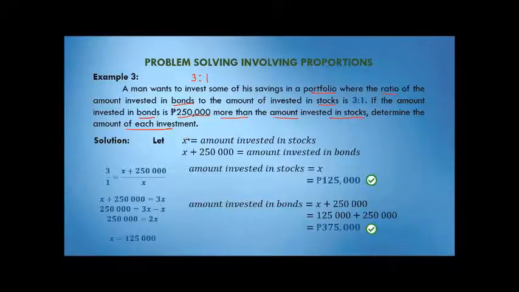So we're going to represent the amount invested in stocks as X. And then, mas madami ng 250,000 doon ang nasa bonds. Okay? Ngayon, ang magiging another ratio natin is amount ng bonds, which is X plus 250,000, is to the amount in stock, which is X. So tandaan, nandito ang bonds, kaya ito yung bonds.